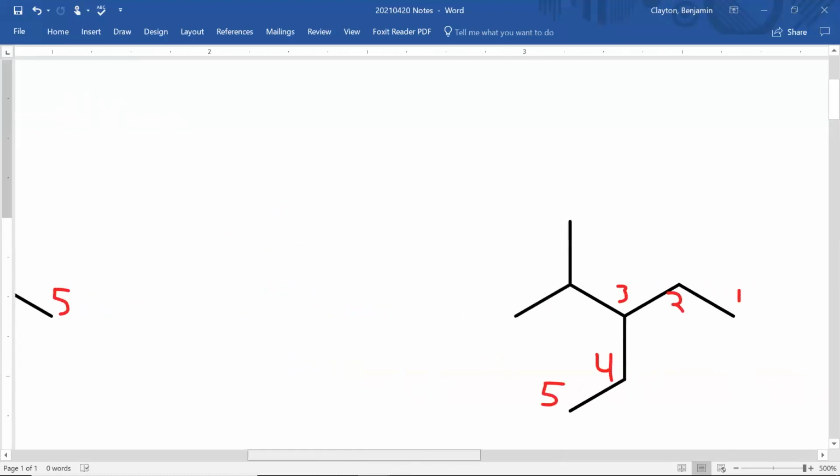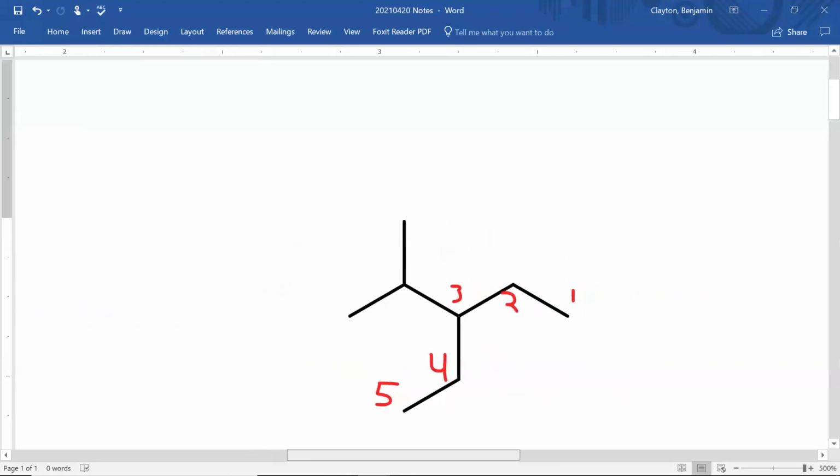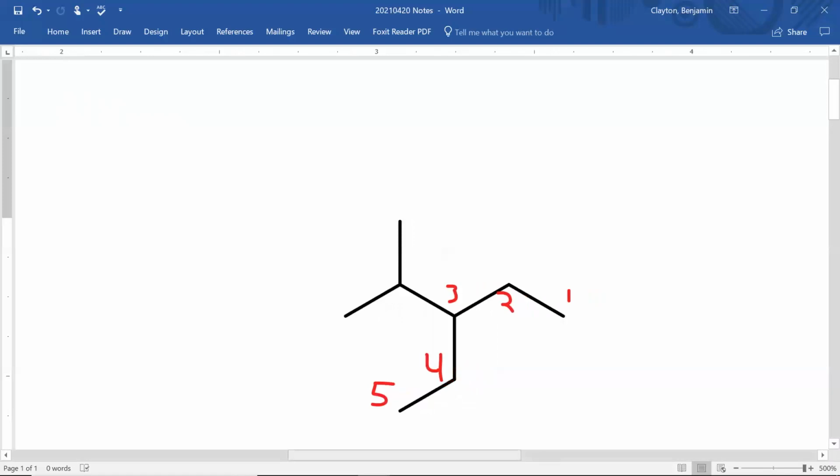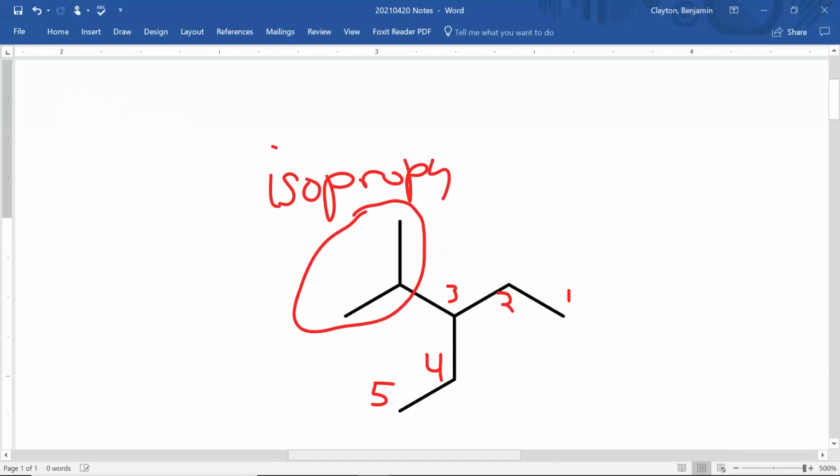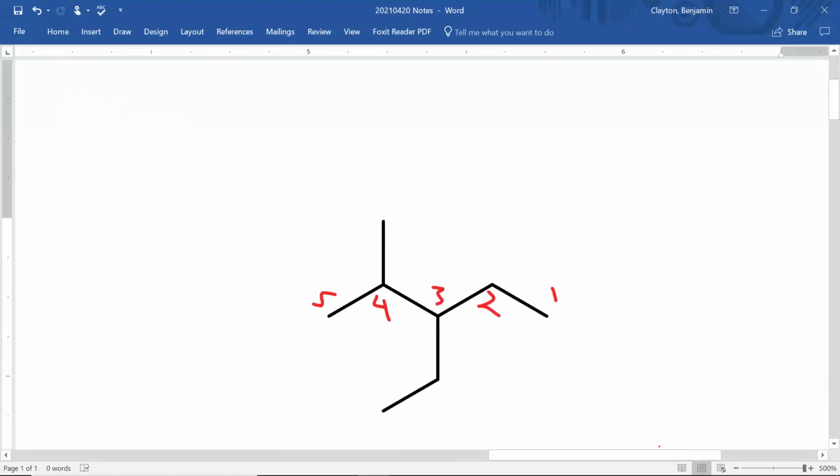So let's look at these right here. We have a 5-carbon chain, and we have an isopropyl group. Okay, and then over here we have the same as the first one.